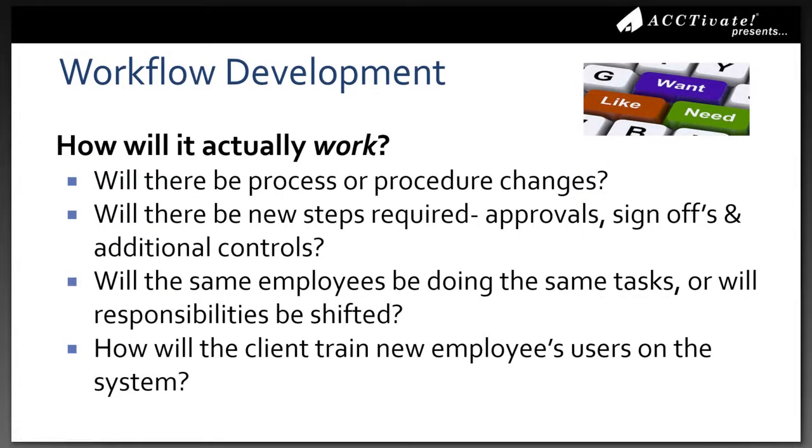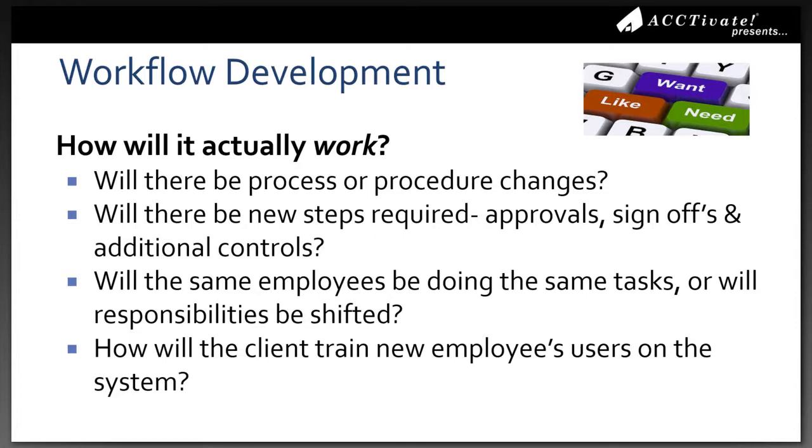So this is where you get into the actual nitty-gritty details of how the software is actually going to work. This is where all that other planning stuff, who's going to do what, who your champions are, who your detractors are, what the expectations are of what the system can do, where it all comes together.